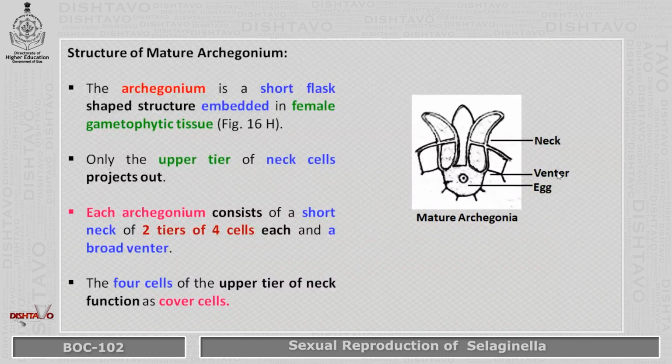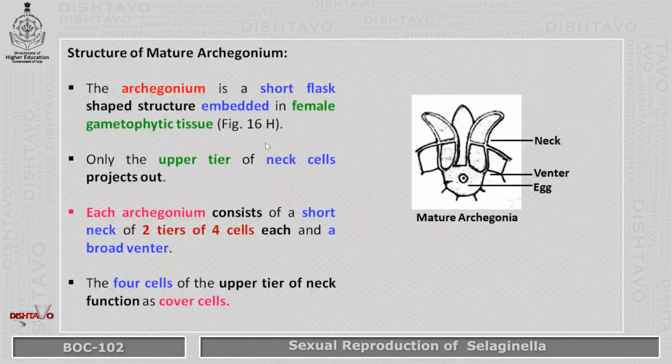Only the upper tier of the neck cells projects out. Each archegonium consists of a short neck of 2 tiers of 4 cells each and a broad venter.